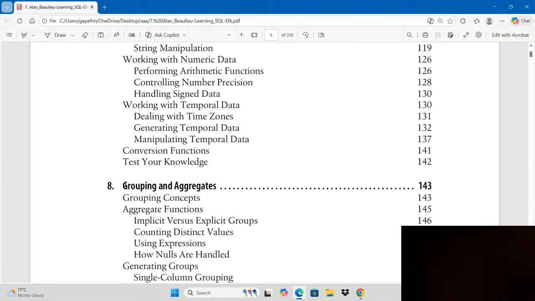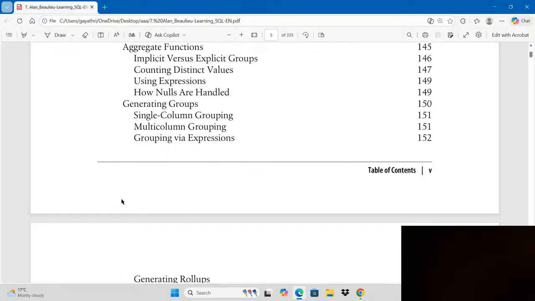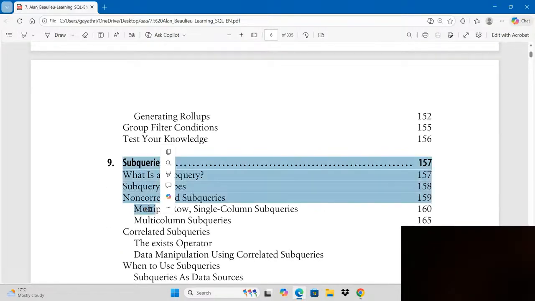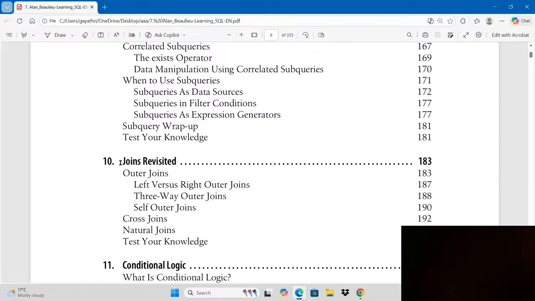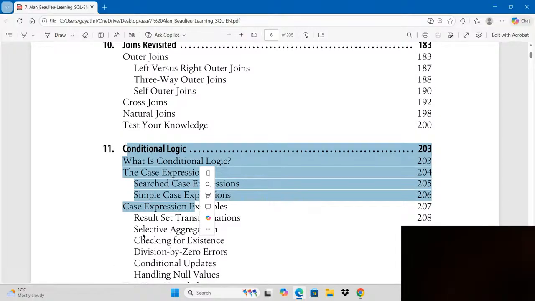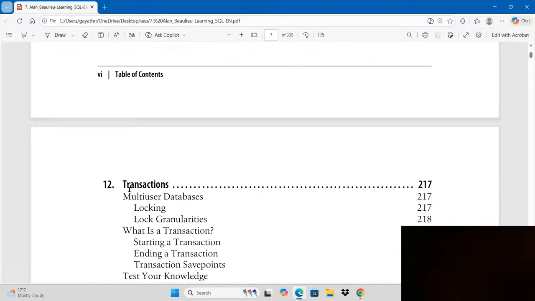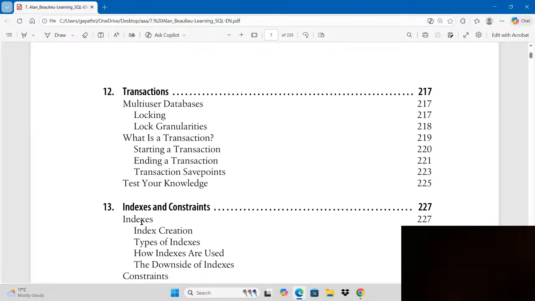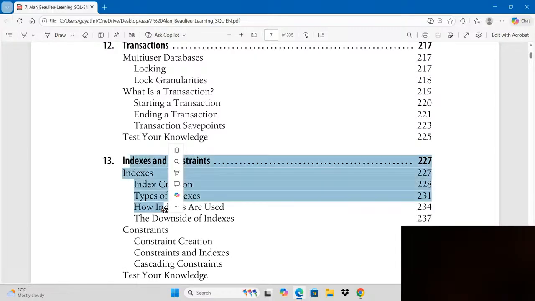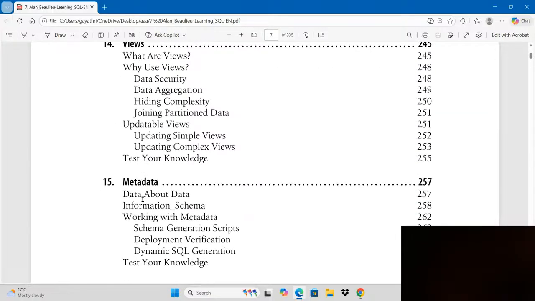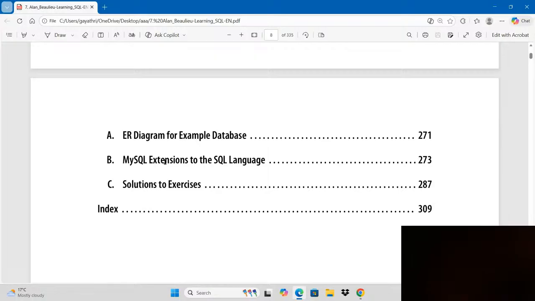Okay. Grouping, aggregates, queries, joins, conditional logic, transactions, index, views, metadata. Okay.